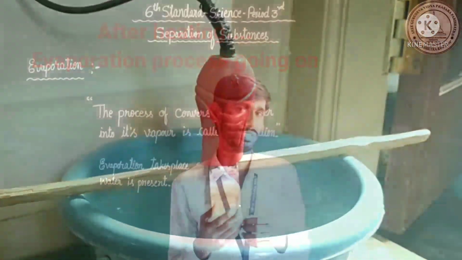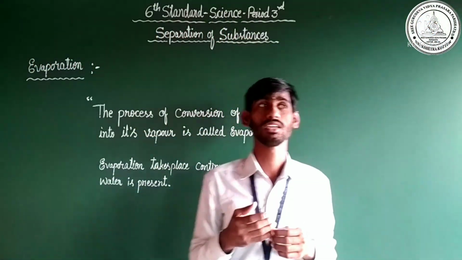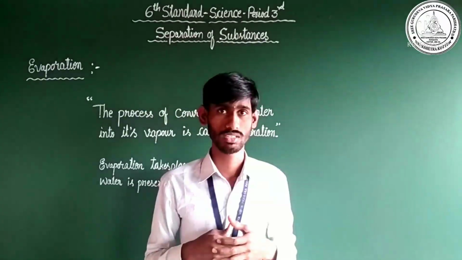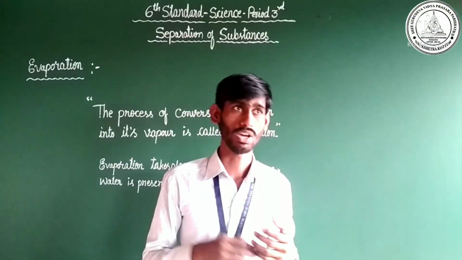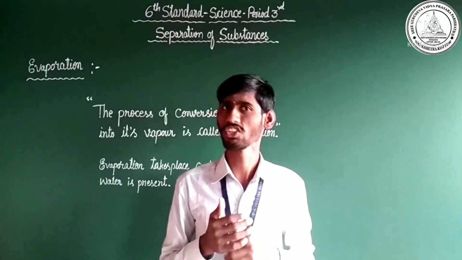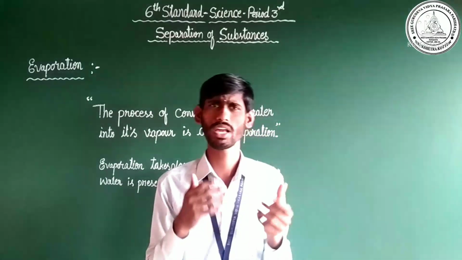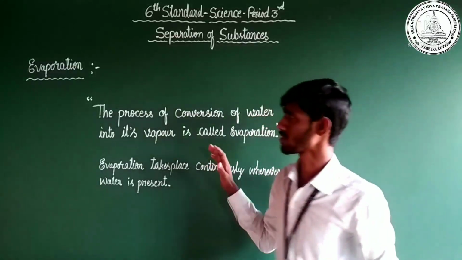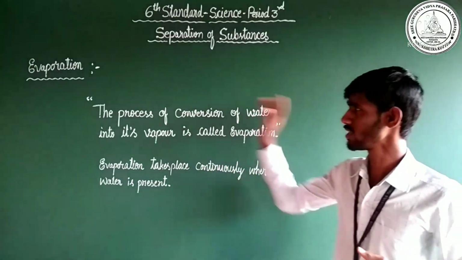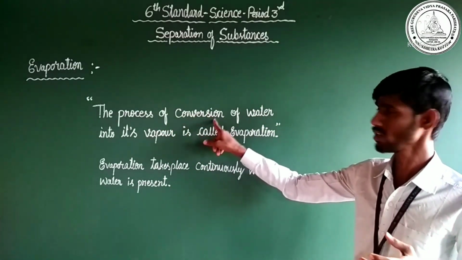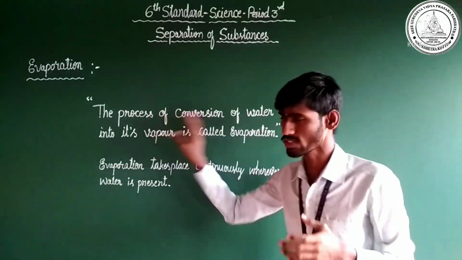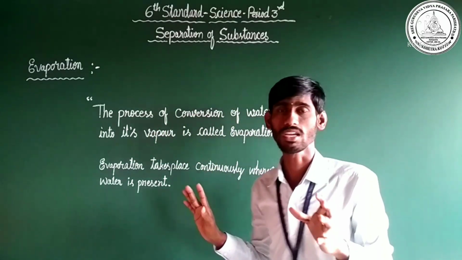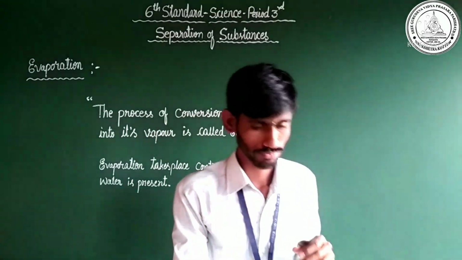And also in the kitchen, while your mummy is preparing dishes, you have observed the evaporation process. Dear children, the definition of evaporation is the process of conversion of water into its water vapor.